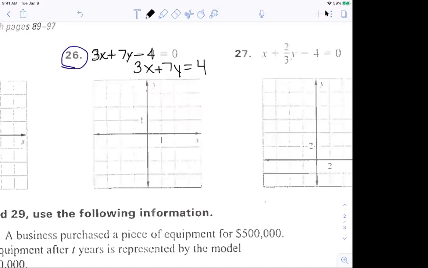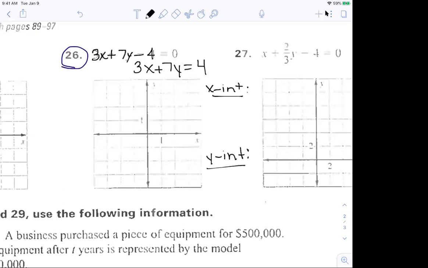I'm going to use the x and y-intercept approach to graph this instead of trying to solve it for y equals mx plus b. So I'm going to find the x-intercept, and then I will find the y-intercept. So this is the other approach. You don't always have to get something in y equals form, and I think you guys are just so trained in your mind that you have to get it in y equals form to graph it, but you don't.